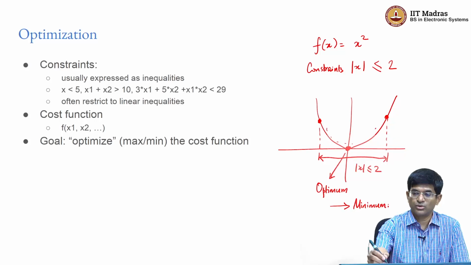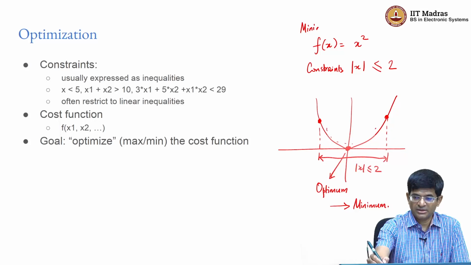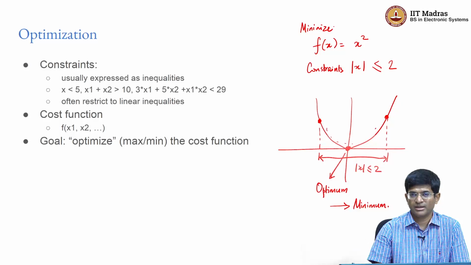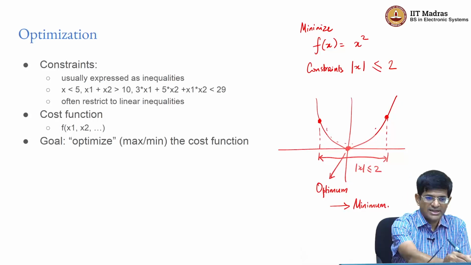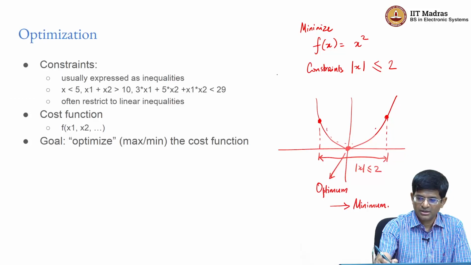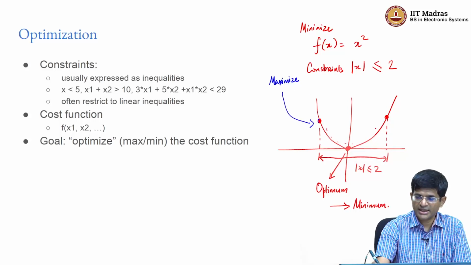Now that's valid only if I tell you to minimize f of x equals x squared. If my criterion was to maximize, then I would have a different solution. I do have a solution, it is either this one or this one.